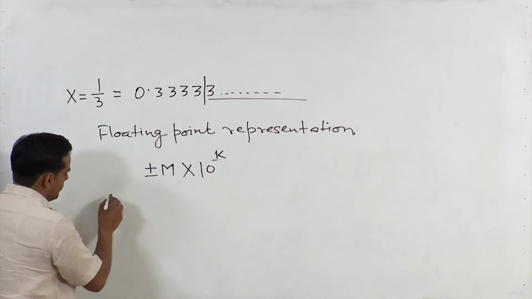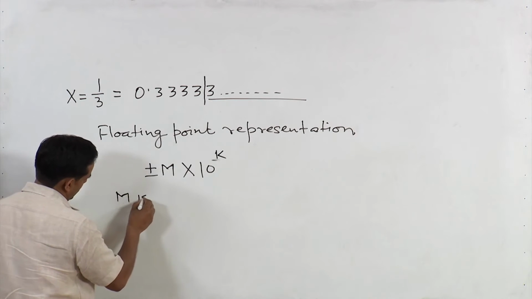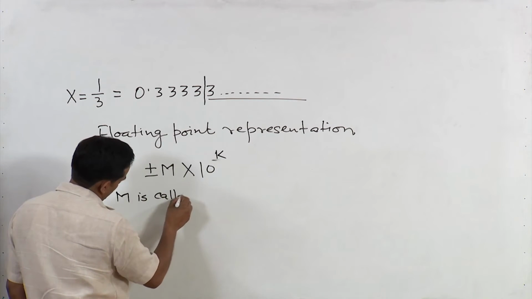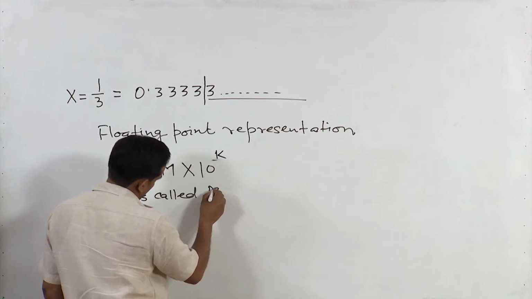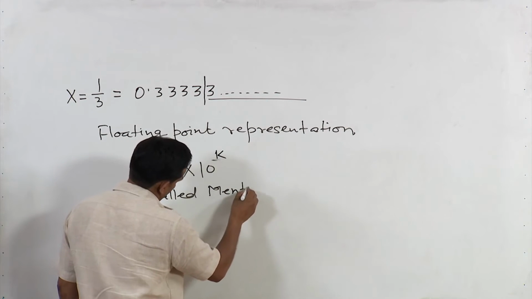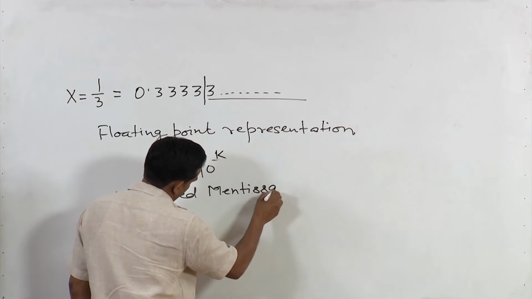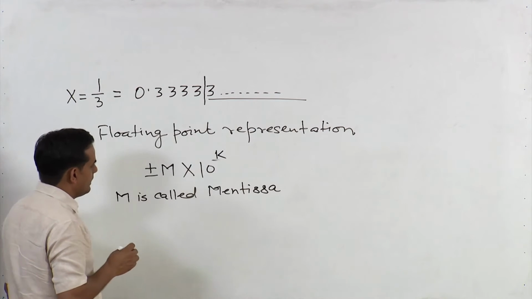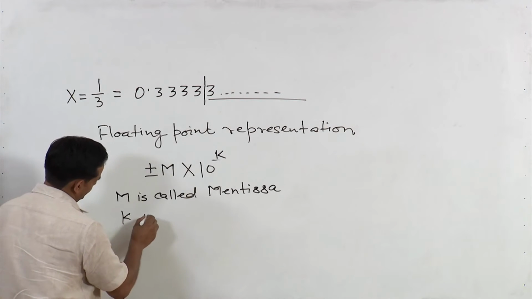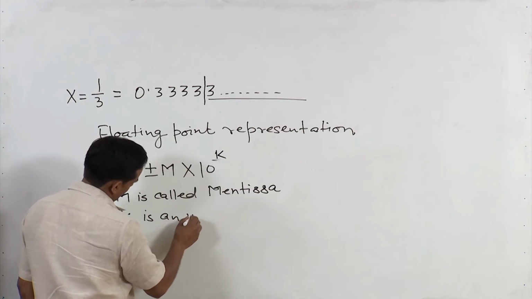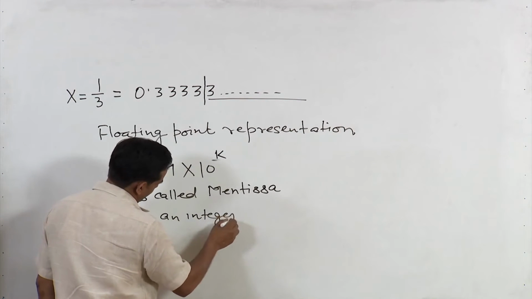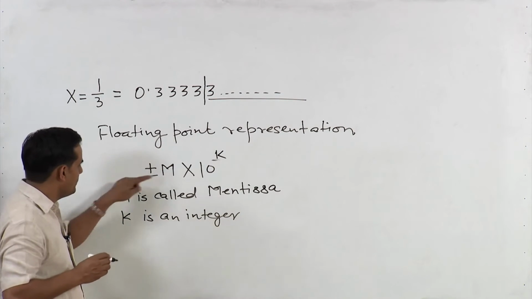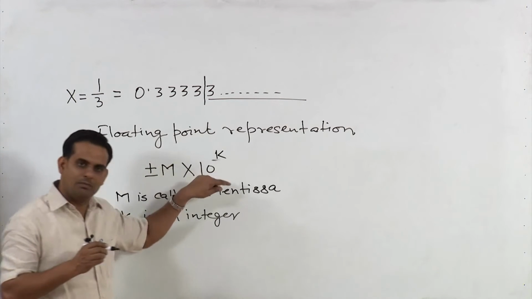Here this m is called the mantissa and k is an integer. Now the range of this m will depend on the base of the number.